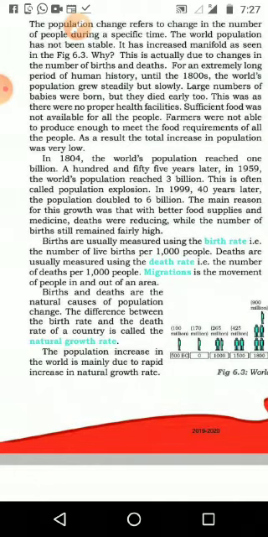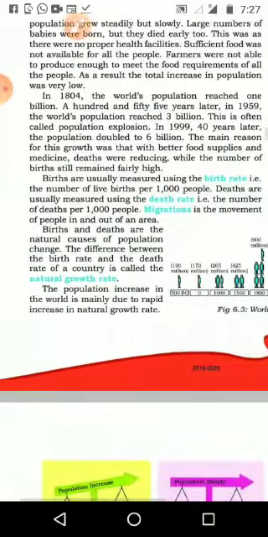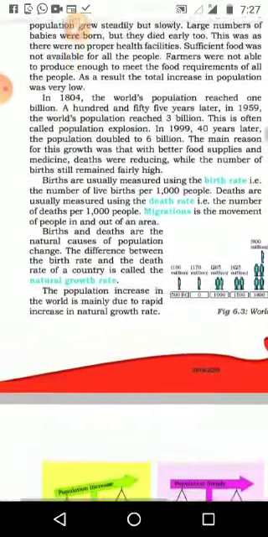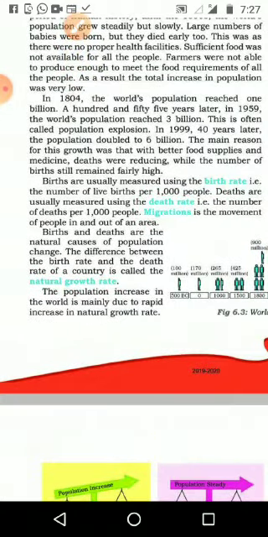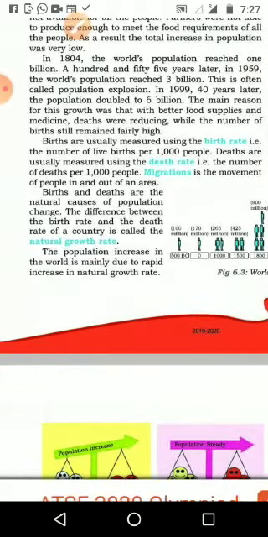Then in 1804, the world's population reached 1 billion. 150 years later, in 1959, the world's population reached 3 billion. From 1 billion, it took only 150 years to reach 3 billion.